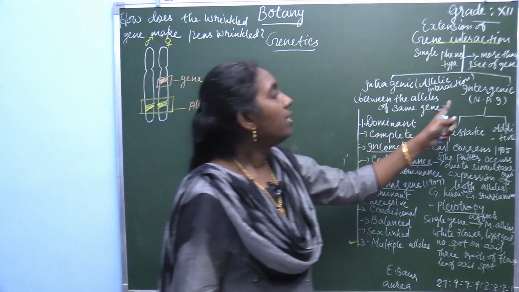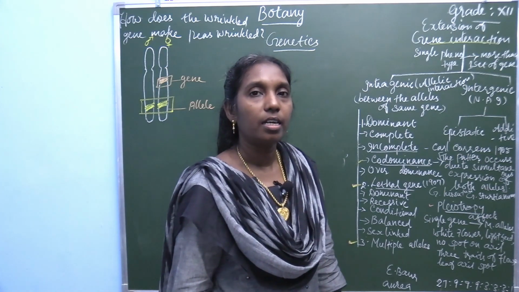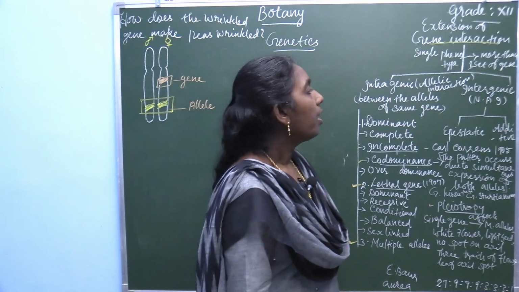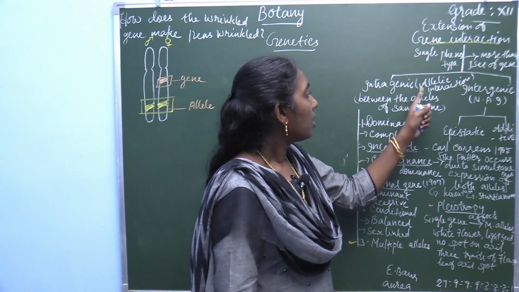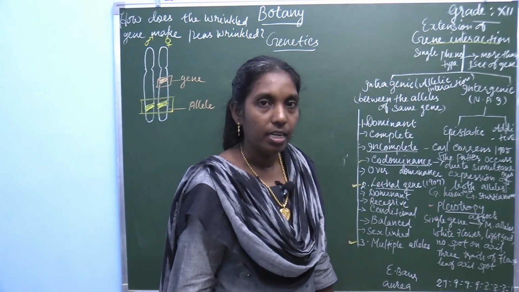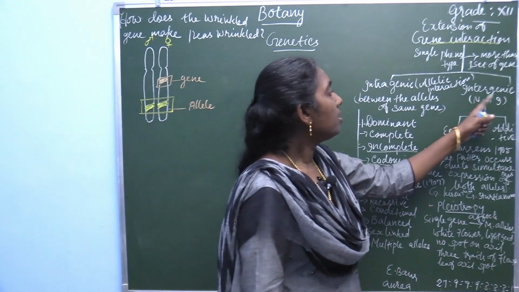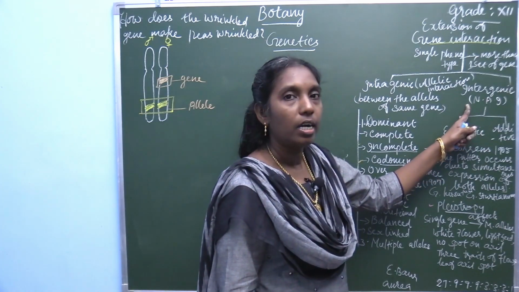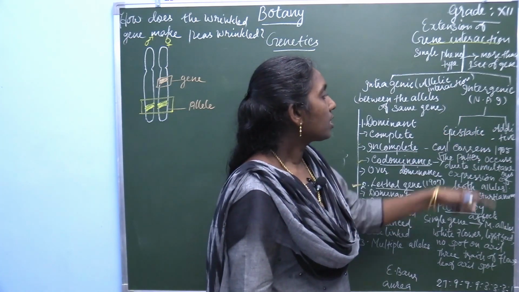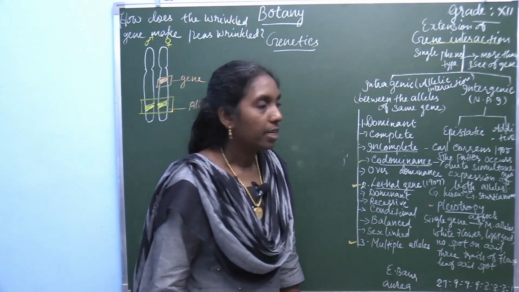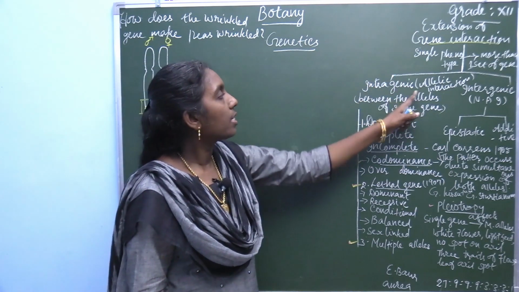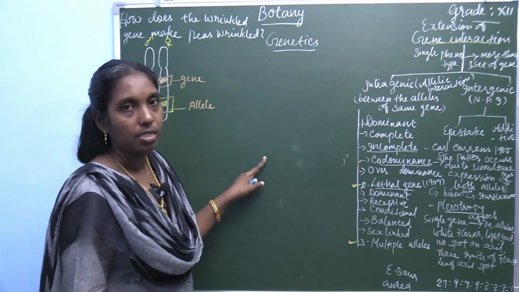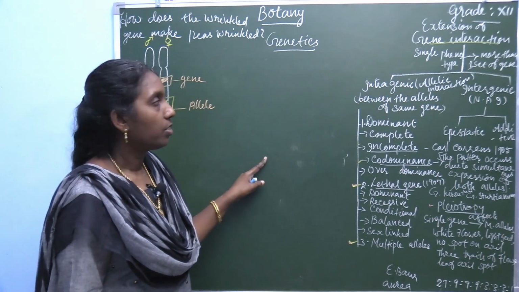And intergenic interactions are otherwise called non-allelic interactions. Intragenic interactions are called allelic interactions. Intergenic is called non-allelic interactions, which is classified into epistatic and additive. Today you are going to concentrate on intragenic interactions. What is meant by intragenic interactions?